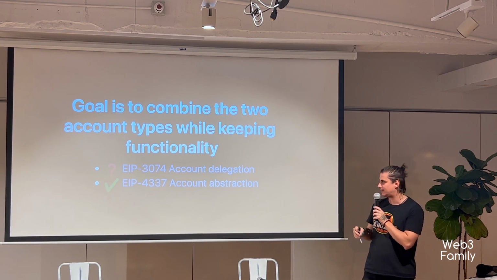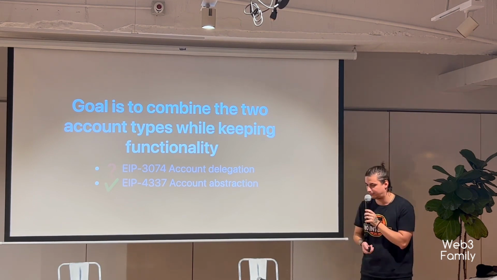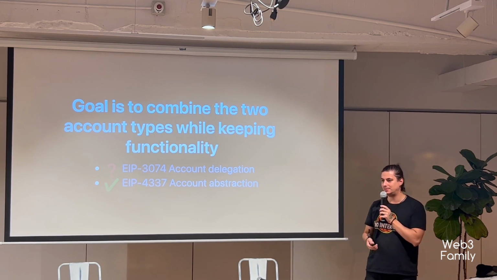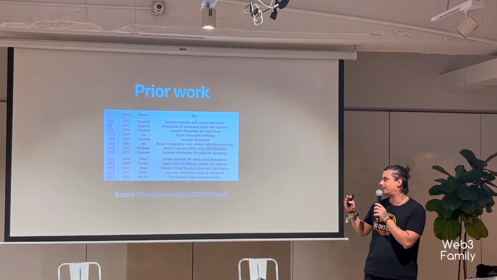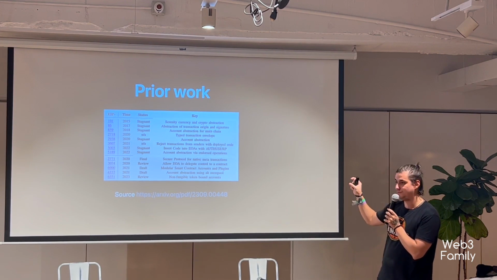That's one way to tackle this problem. But now we're talking about EIP 4337, the AA standard that's going to be implemented, and it's all over the media now, which is the account abstraction model.